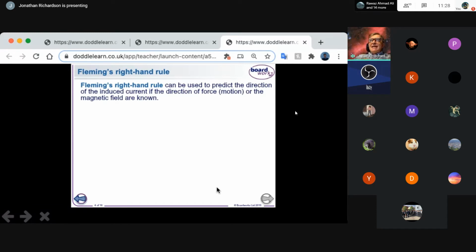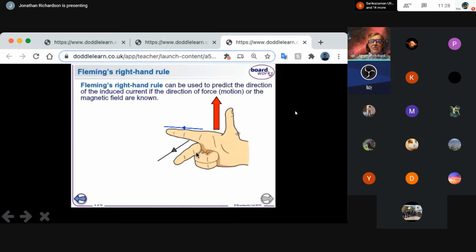Fleming's right-hand rule can be used to predict the direction of the induced current, this time if we know the direction of the force and the magnetic field. And this gives us something similar to what we had before, but this time using the right hand.